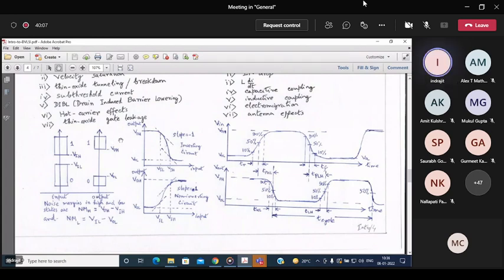If due to the effect of low going noise, the level of the voltage falls, it will be tolerated if it falls up to VIH, but not beyond. So VOH minus VIH is referred to as the noise margin on the higher side. We write it as NM with a subscript H.